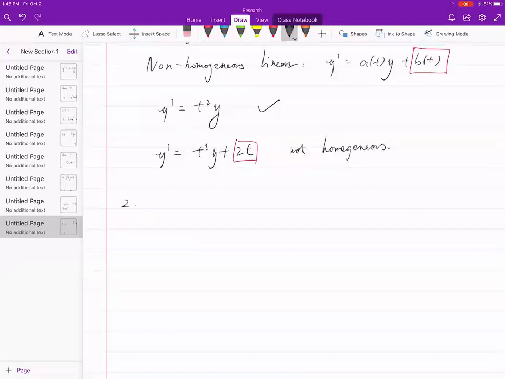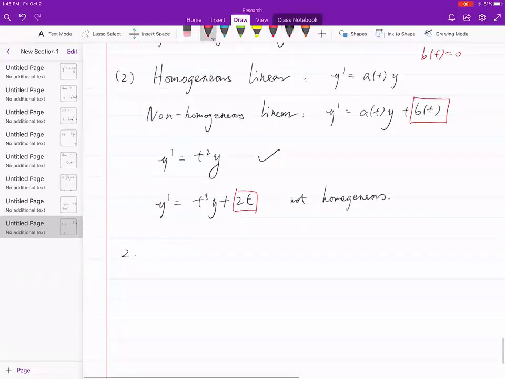Why do we want to differentiate them into homogeneous and non-homogeneous? That's probably the question here. Is this the first time you see these terms? When did you see this one? Which class?